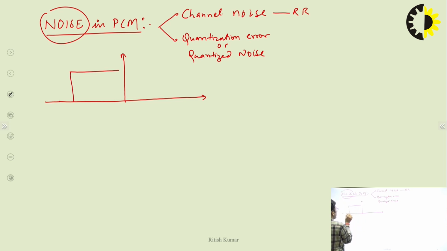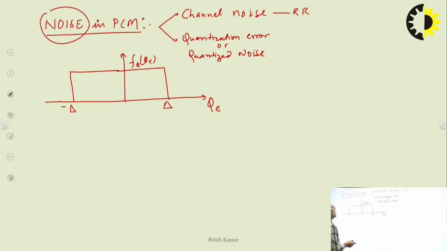We can treat it as a uniform PDF, from minus delta to plus delta, f_Q(q).